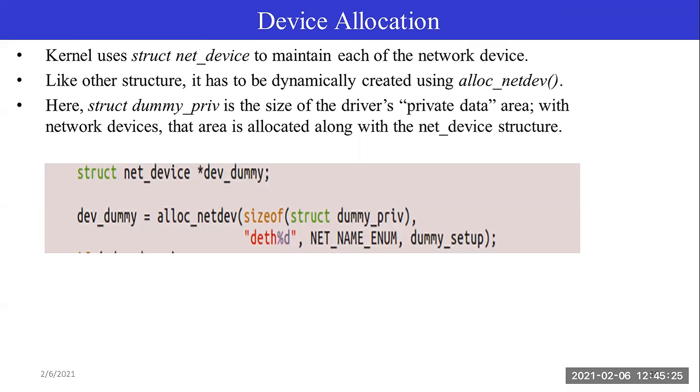In the alloc_netdev API, we need to provide 4 arguments. One is the size of private data. The second is usually the interface name. And the third one is a function pointer, which is populated by the dummy_setup function in my code.